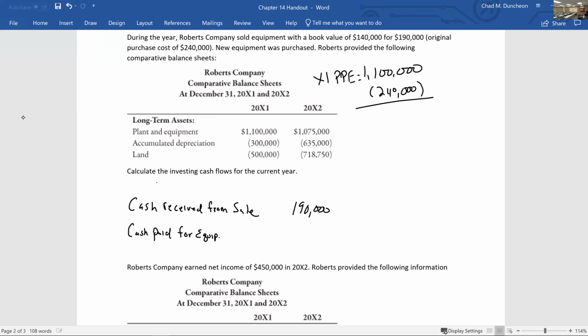So that would make our new book value of stuff then 860,000. But as you can see then in X2, it is not 860,000. It is 1,075,000. So in order to make that be true, that means we had to do a purchase of equipment for $215,000.